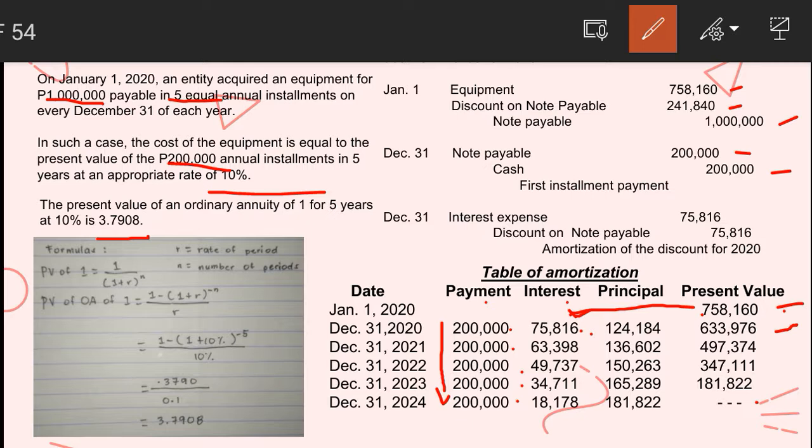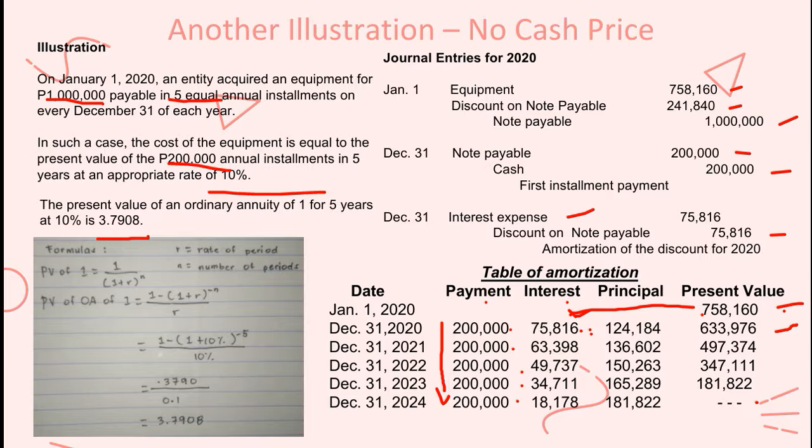The interest incurred is 75,816, which you can see in the table of amortization, with the discount on note payable credited, so that the discount on note payable decreases every year end. Okay, so that's for no cash price, and we use the equation of PV of an ordinary annuity of 1.